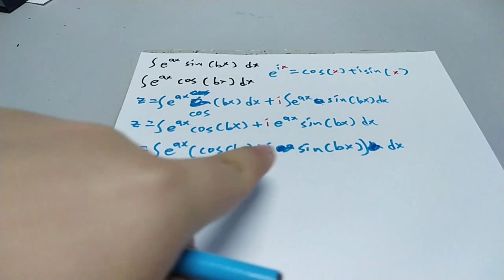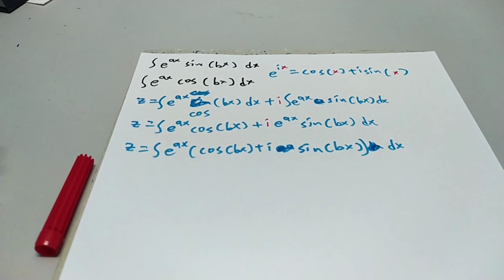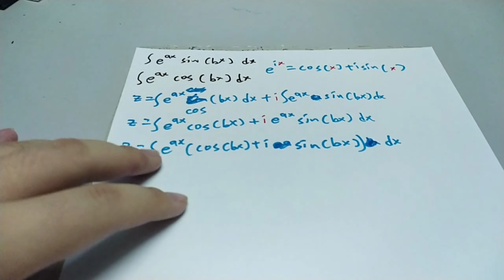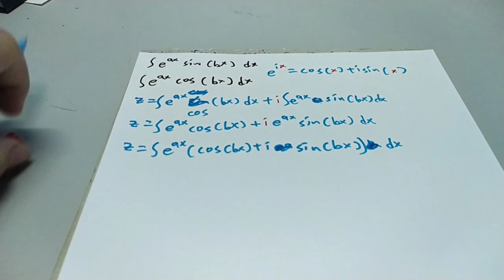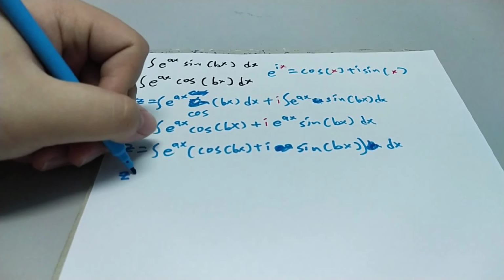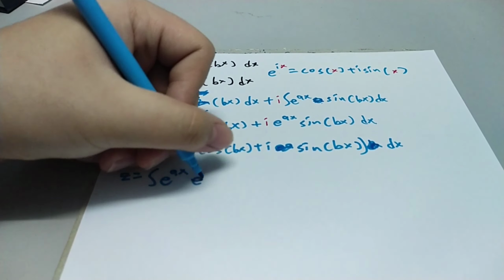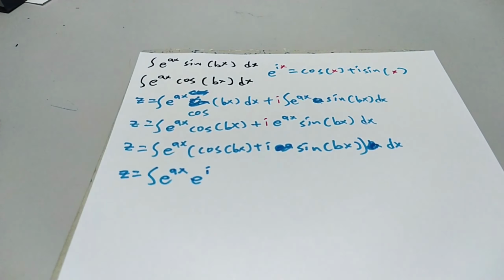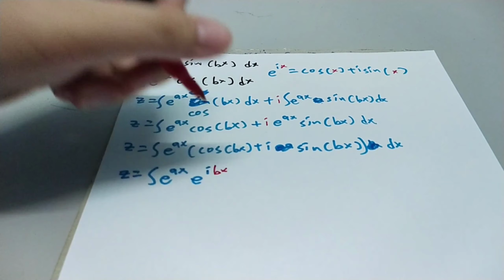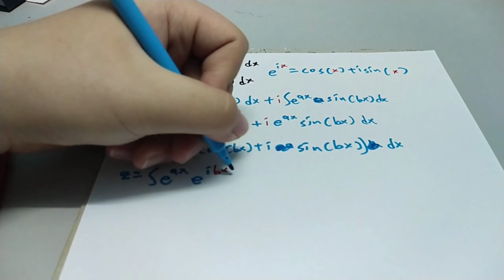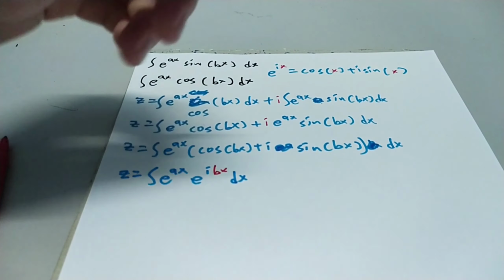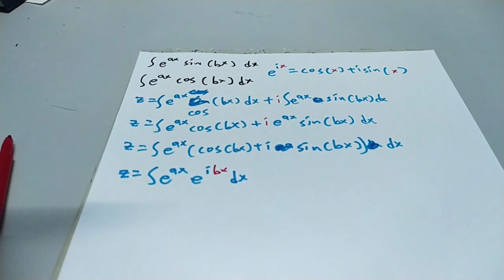And then we are going to apply Euler's formula here, because as I can see I got two inputs which is bx, so z is equal to the integral of e power of ax times e power of i bx dx. And what we can see is we can apply the law of indices and then factorize the x out.